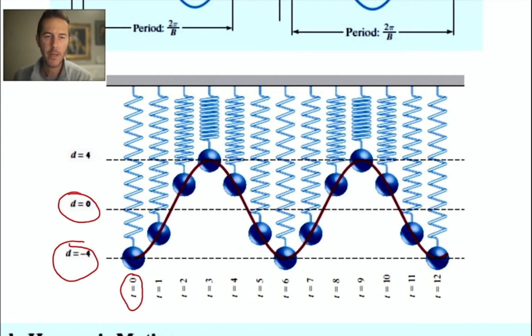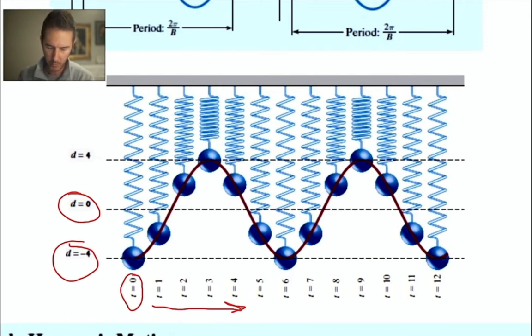And then right when the stopwatch starts keeping time, and we're marching through our time values from left to right, t equals 1, t equals 2, and so on, the first thing that the mass does, because we started out by pulling down on the mass, is move in the upward direction. And you see this sort of wave that it generates as it passes through time. So that, of course, looks like a sine or a cosine graph. The question would be, which one of those two functions should I use in order to model what we're seeing here?